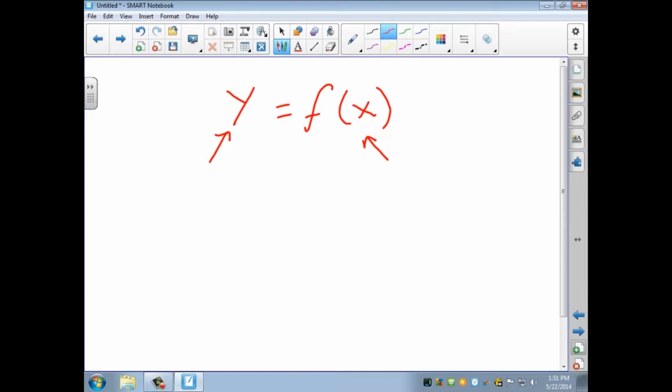X would be called your independent variable, and y is your dependent variable. Okay? So independent variable and dependent variable. So y depends on x.